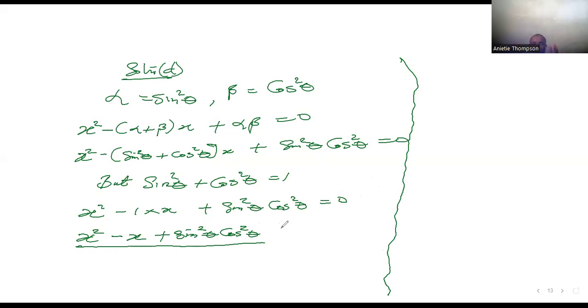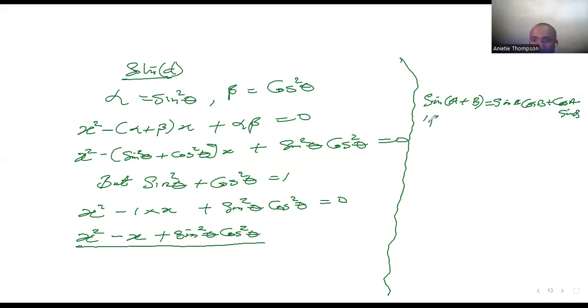Let me take your attention a little bit to trigonometry, and then I'm going to put that answer in another form, which will make much better sense. Remember, in the compound angles of trigonometry, the sine of A plus B is always equal to sine A cos B plus cos A sine B. That's this multiplication.